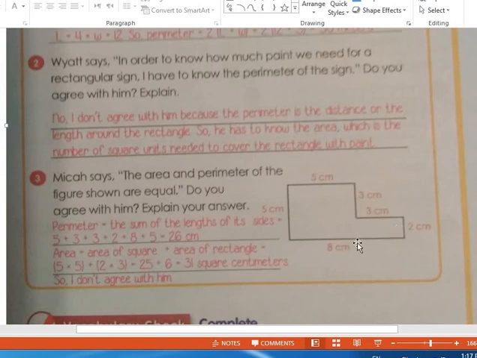When I put the line segment, this is divided into 5 and 3. In this rectangle I have 3, opposite side 3, and 2, opposite side 2. So it will be 5 times 5 plus 2 times 3 equals 25 plus 6 equals 31.